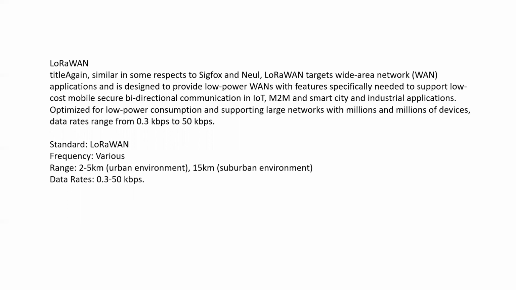They are using LoRaWAN, and this LoRaWAN is very, very important as far as your Internet of Things is concerned. Various frequencies are available there, and the range for urban areas is 2 to 5 kilometers, because more density is there, and 15 kilometers in suburb areas. The data rate you can have is up to 50 kbps.